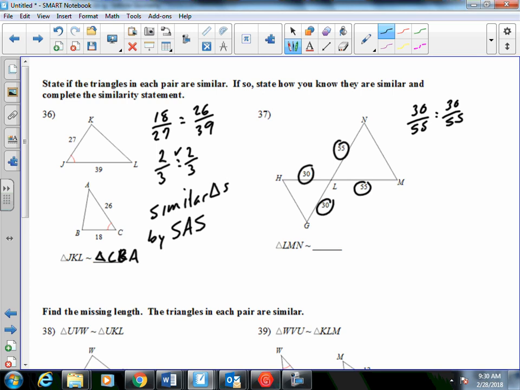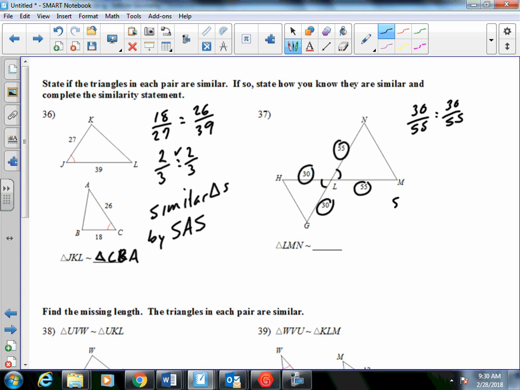But we know that at point L, we've got a set of vertical angles right there. And if we remember back to the first semester, vertical angles are always congruent. So angle HLG is going to be congruent to angle MLN. So we got two congruent angles, and the sides are proportional.